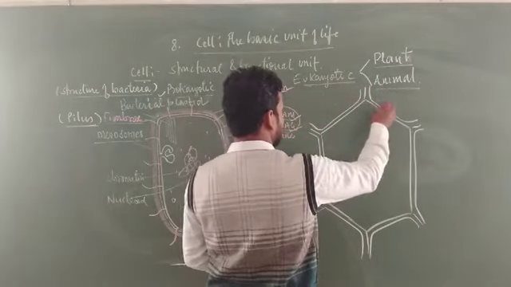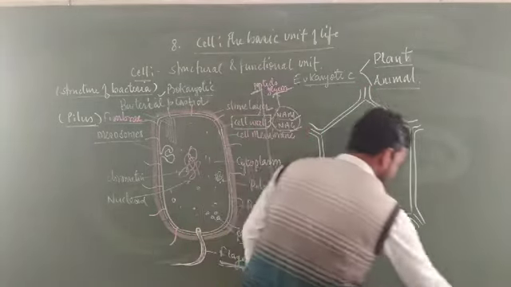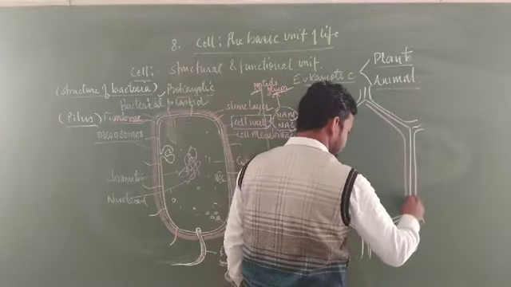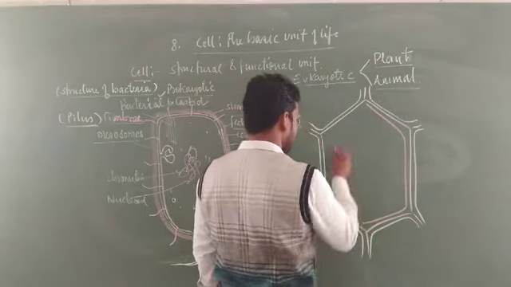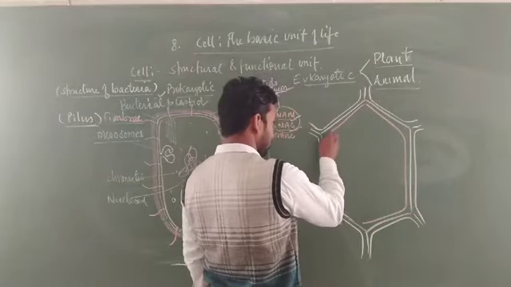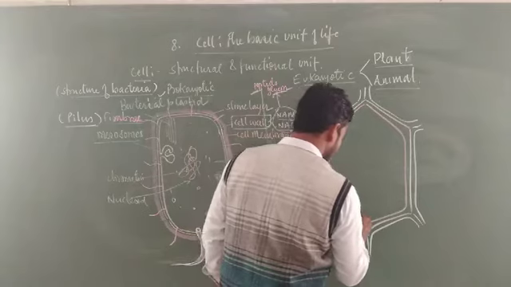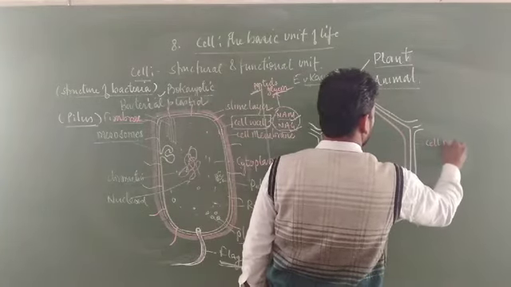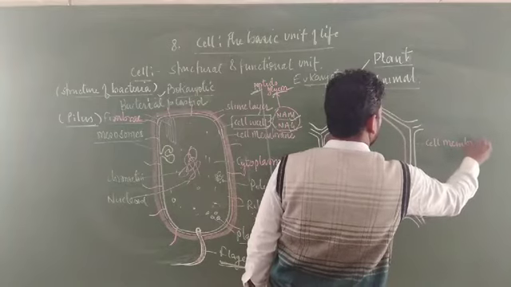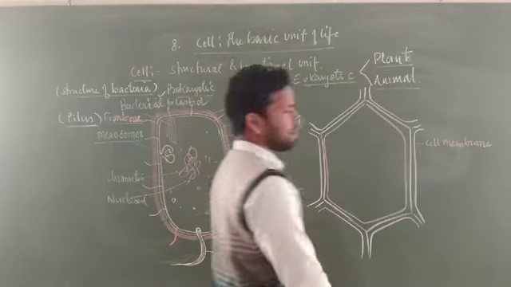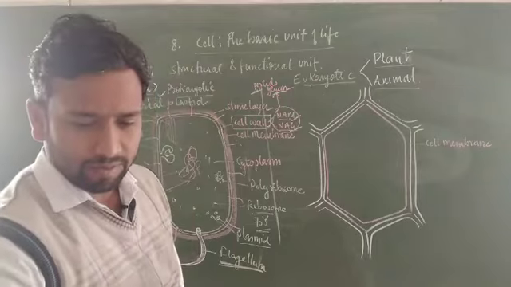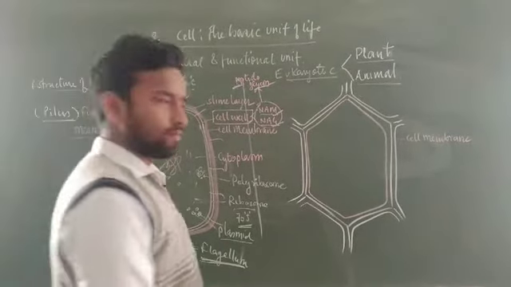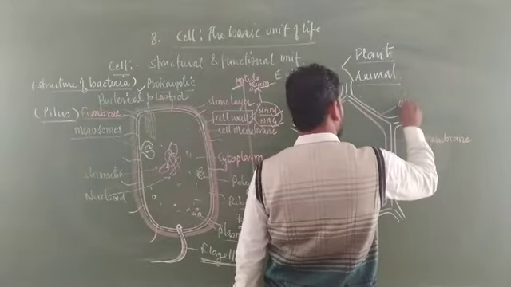This is the membrane of another cell. This is the cell membrane, also called the plasma membrane. This is the cell wall.